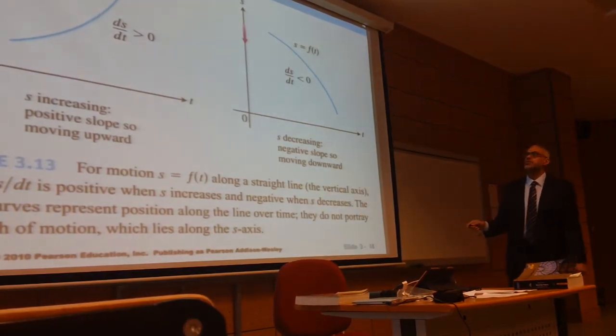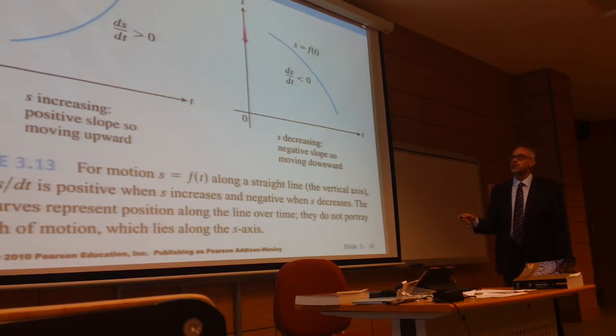Now this is the graph where S is position and T is time. So I'm plotting the position of any moving object with respect to time.